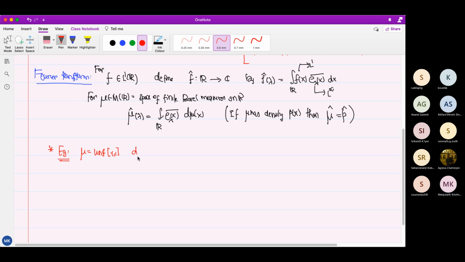So d mu of x is 1 over 2 times the indicator of -1 to 1 of x dx. It has this density. So what is its Fourier transform? Mu hat of lambda is the integral over the real line of e to the minus 2 pi i lambda x d mu of x, which is 1 over 2 times the integral from -1 to 1 of e to the minus 2 pi i lambda x dx. The imaginary part is sine, which is odd, so that will cancel.